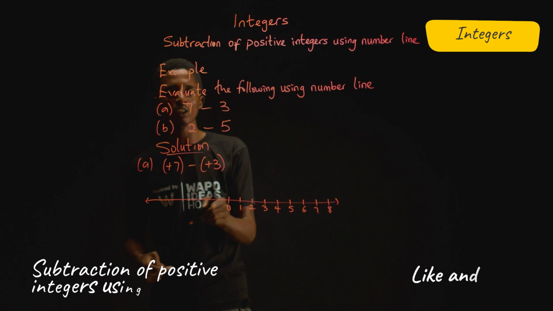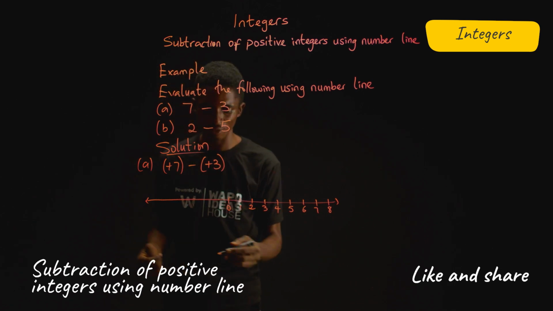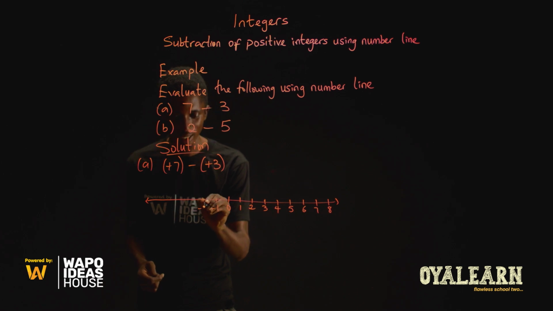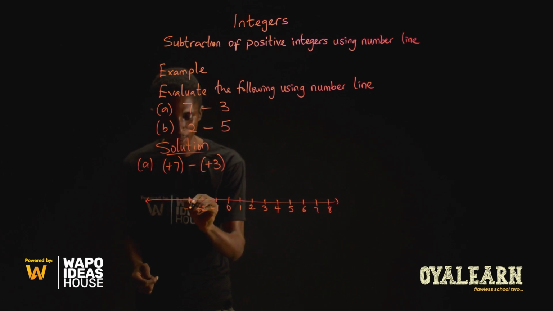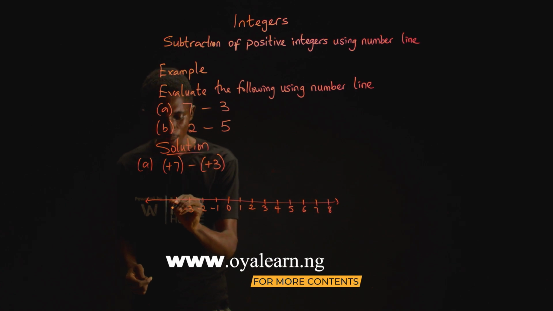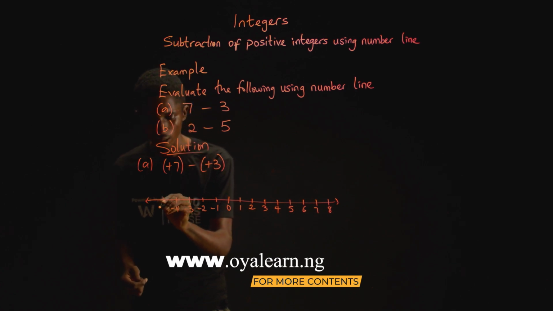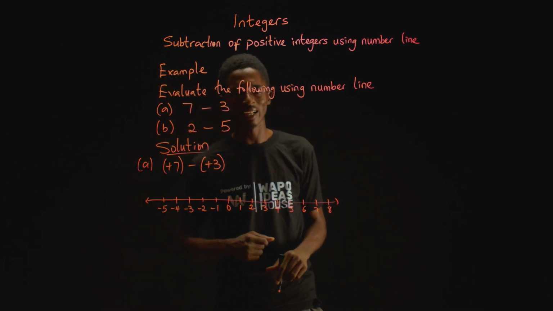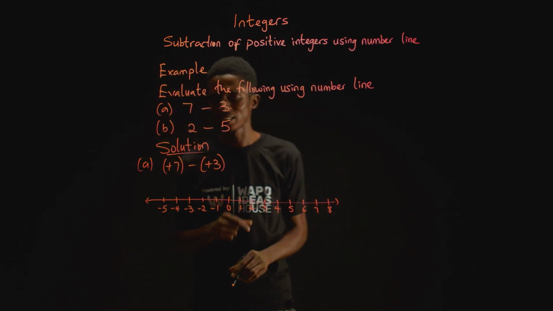And then to the left of the neutral integer, we have our negative integers. Minus 1, minus 2, minus 3, minus 4, minus 5. Now that we have our number line, let us perform this arithmetic.